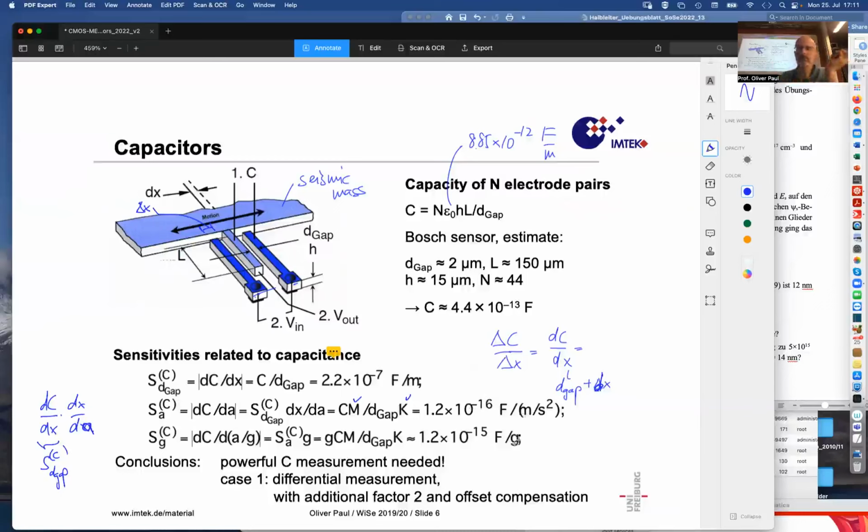Even if it's measured in G, which is about 10 meters per second squared, this increases by a factor of 10, so farad per G is 1.2 times 10 to the minus 15. So we need a powerful capacitance measurement in any case. These micro-machined accelerometers require a lot of circuitry attached to them to extract those little capacitance changes.